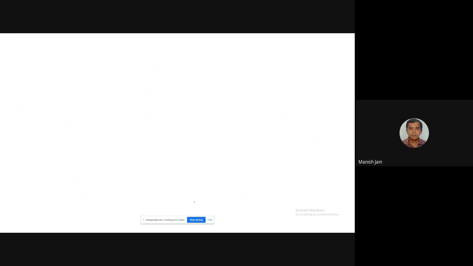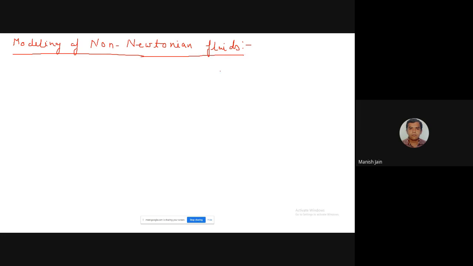Okay, so mathematical modeling of non-Newtonian fluids. So the most simple model is the generalized Newtonian models.